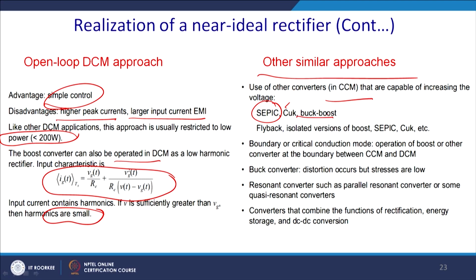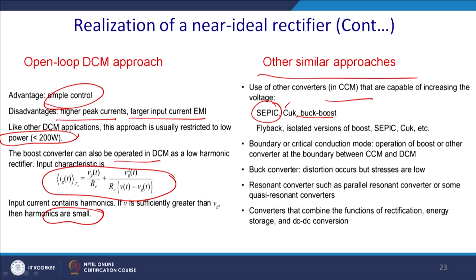Cuk is also a kind of buck boost, and also a two switch buck boost topology or any other buck boost topology. Thereafter we may have isolated conversion, that is flyback, thereafter forward, thereafter push pull, we can have so many things in this conversion process.